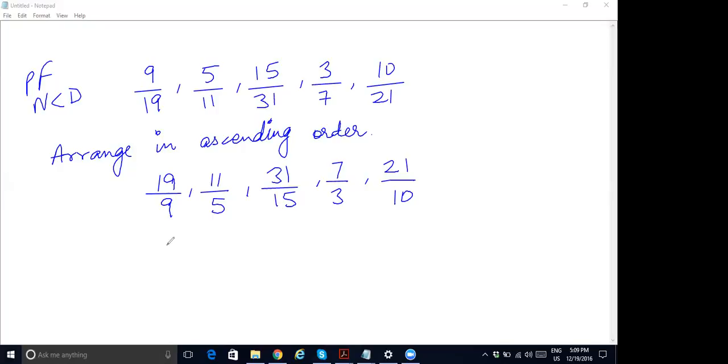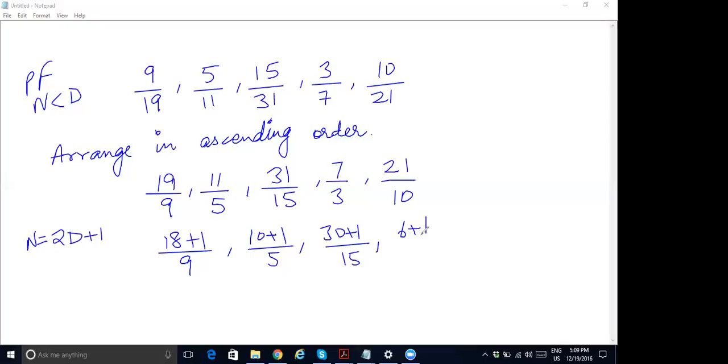Here, the pattern is numerator is twice the denominator plus 1. So we can write this as 18 plus 1 over 9, 10 plus 1 over 5, 30 plus 1 over 15, 6 plus 1 over 3, and 20 plus 1 over 10.